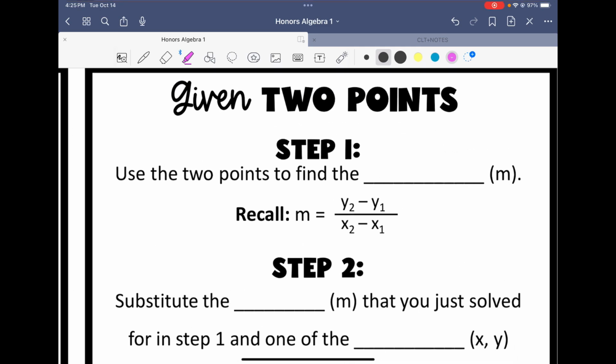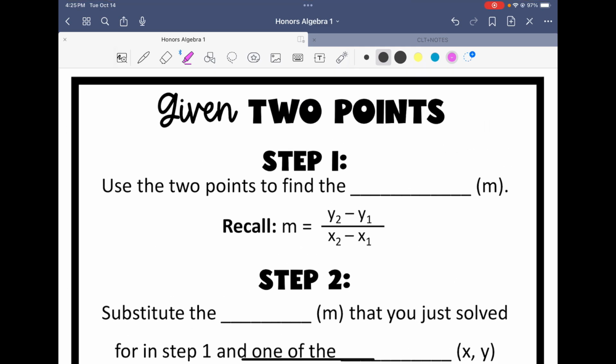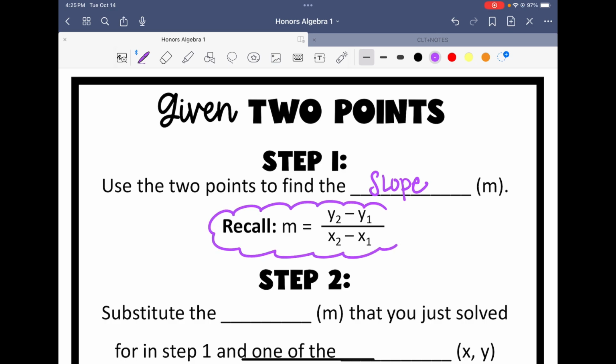Now if I'm just given 2 points, that means you've got an x1, y1, x2, y2. You must always find the slope first. I can't find any equation of a line without slope. So this is your recall here. You remember what slope is: the change in the y's over the change in the x's.